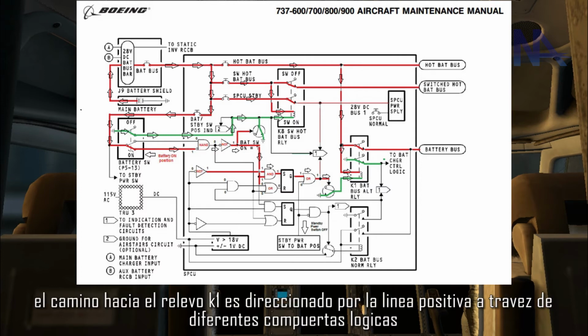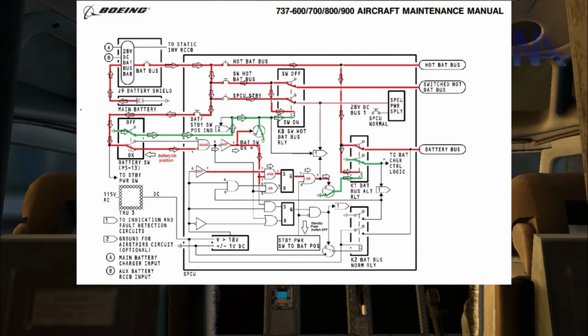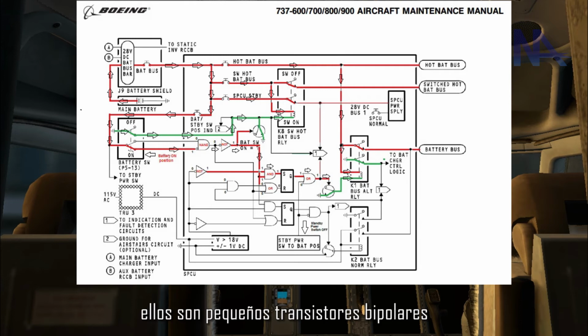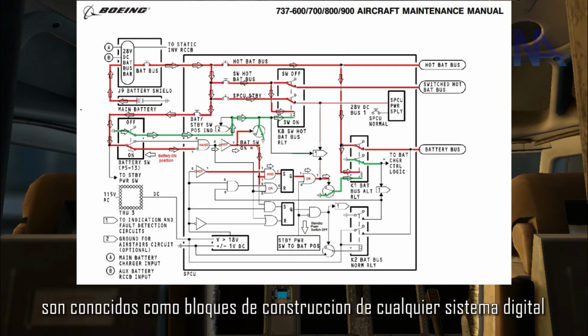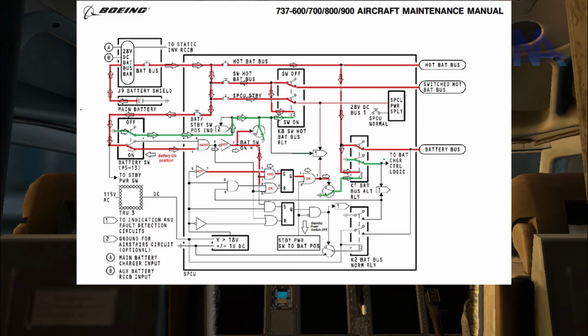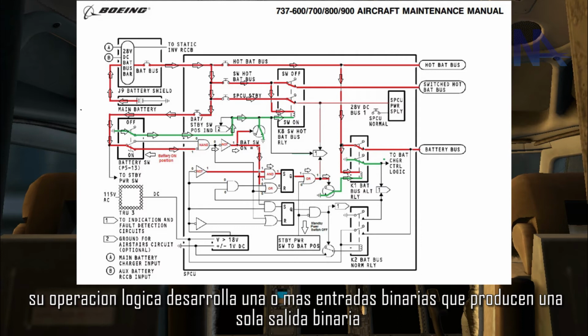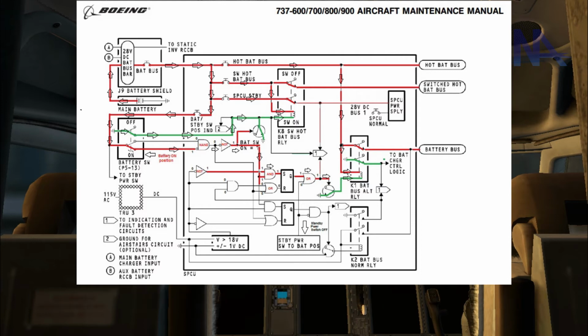The way toward the K1 relay is directed by the positive signal through different logic gates. They are tiny bipolar transistors. They are known as the building blocks of any digital system. Its logical operation performs one or more binary inputs that produce a single binary output.